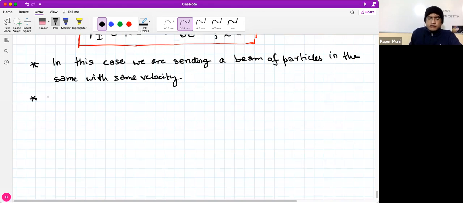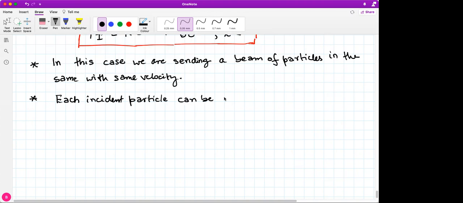All right. Now each incident particle can be represented by this. So what is the first statement?